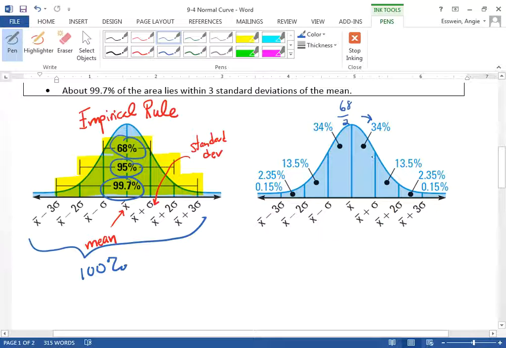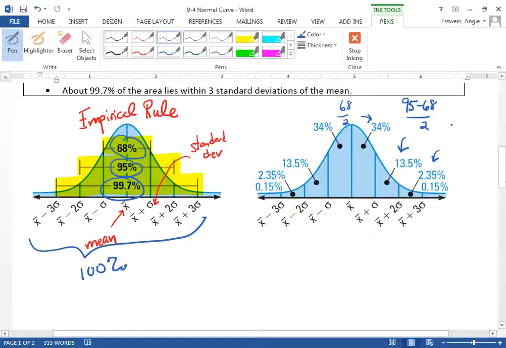It's perfectly symmetric in this formula. How do I get the 13.5? What do I do to get this? 95 minus 68. Does everyone see that? It's geometry. If you take this whole area, 95, which is 2 standard deviations away, and you subtract 68, and then you cut it in half, you'll get this little slice. And then how would you get this slice?